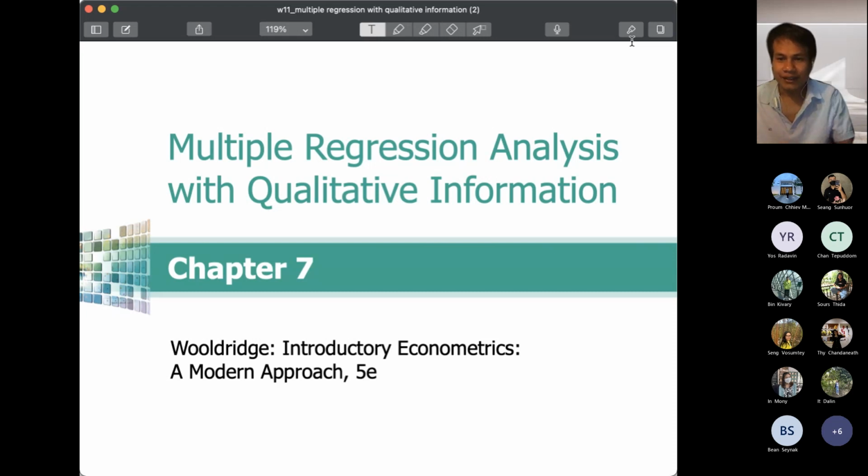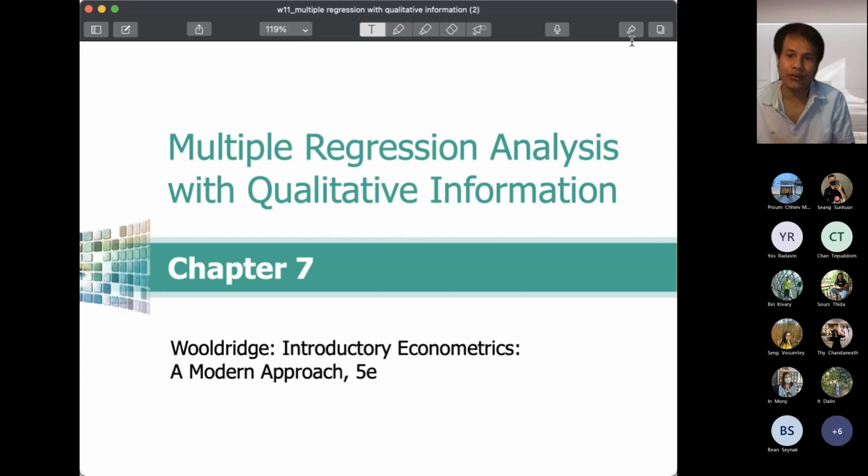Today is already week 11. We have already discussed econometrics for 10 weeks. During these last 10 weeks, we only focused on cross-sectional data, in which both dependent and independent variables are continuous or numerical.